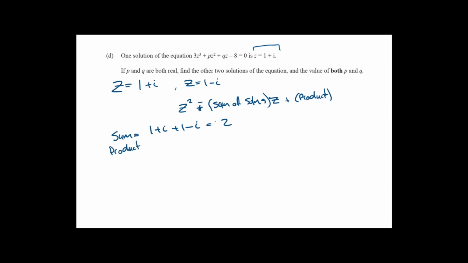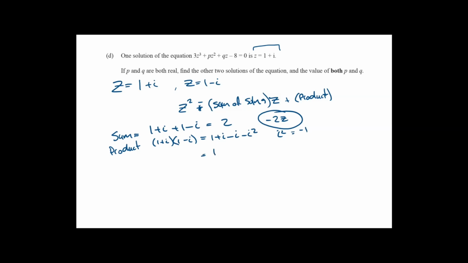Product: so 1 plus i, 1 minus i, when we multiply them out, we get 1 plus i minus i minus i squared. i squared is minus 1.